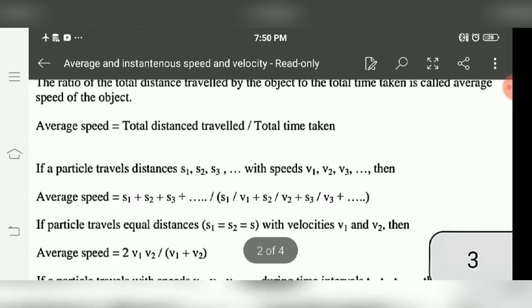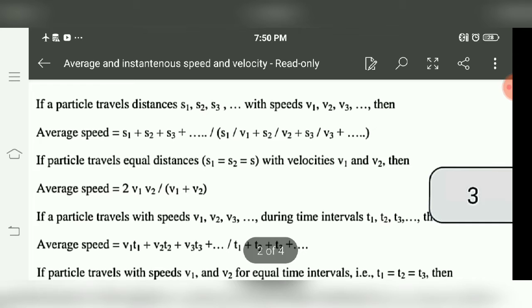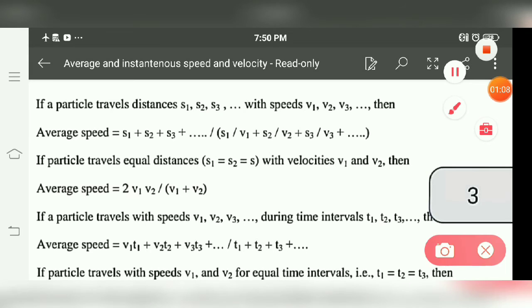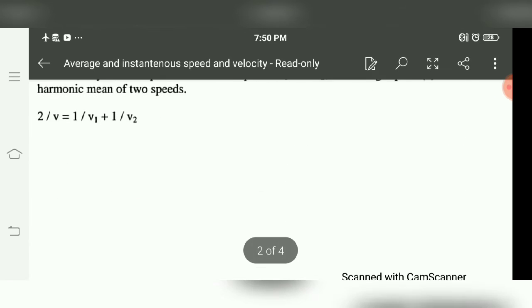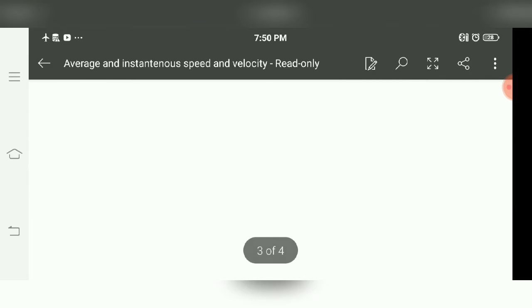If a particle travels distances s1, s2, s3 with speeds v1, v2, v3, then the average speed is this. If it is moving with velocities and times like this, then the average speed is this. So it covers different types of cases. Let's discuss those cases one by one.